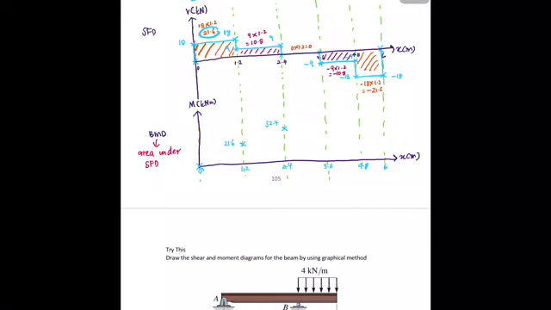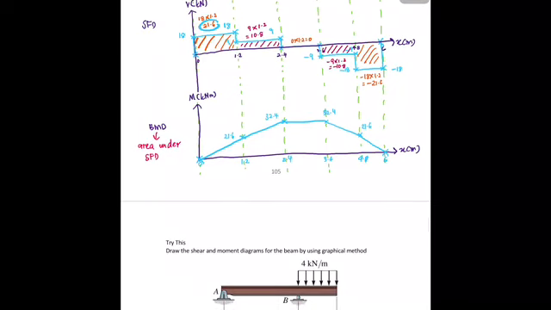And then 32.4 plus 0 is equal to 32.4. 32.4 minus 10.8 is equal to 21.6. 21.6 minus 21.6 is equal to 0. Okay, then you close the loop. Then connect all the points. This is a point load, so it should be a straight but inclined line. So you have the bending moment diagram.